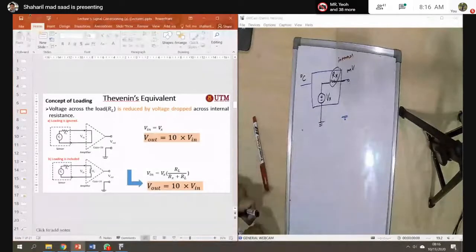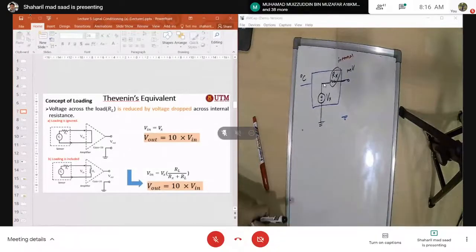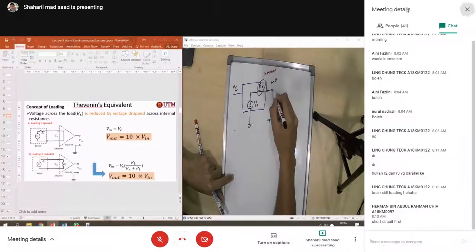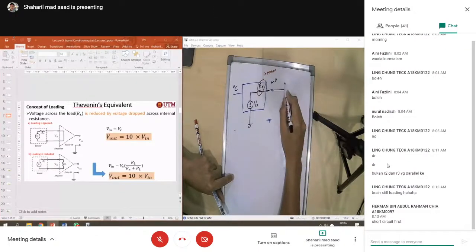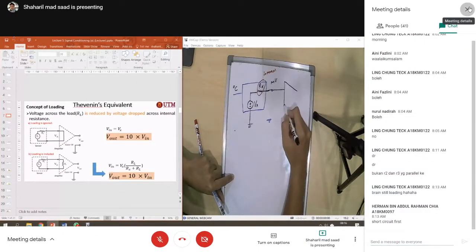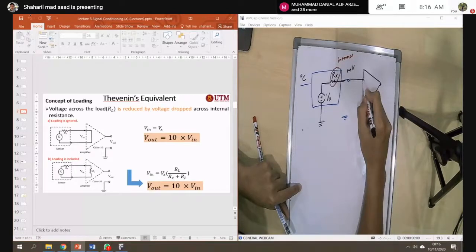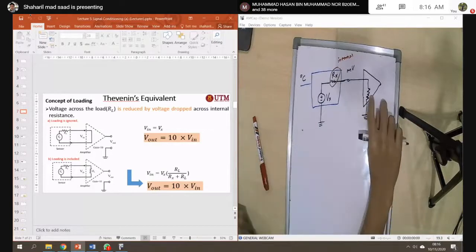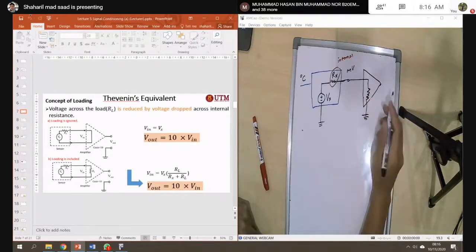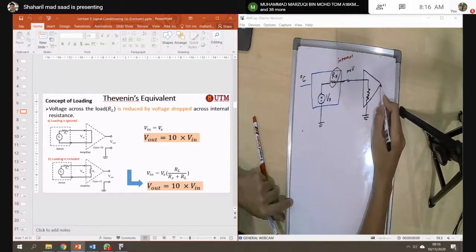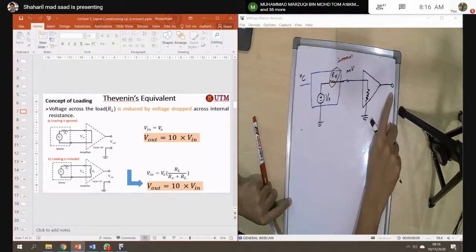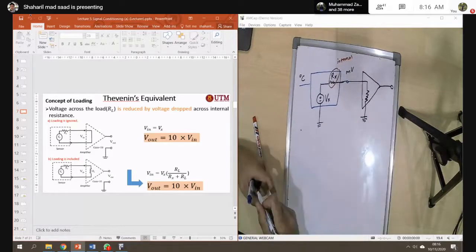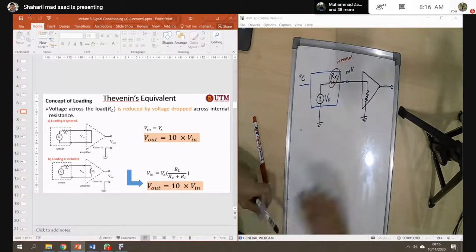Okay, so right now when you connect to the signal conditioning, this is your signal conditioning. Your signal conditioning will have some, we call it load here. In the signal conditioning, there will be some output V out.